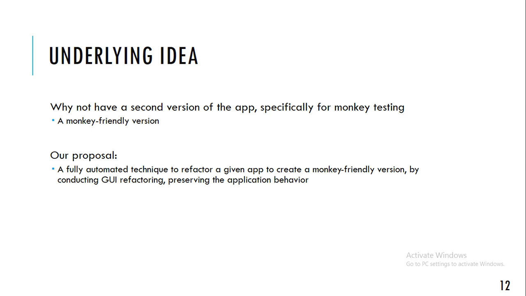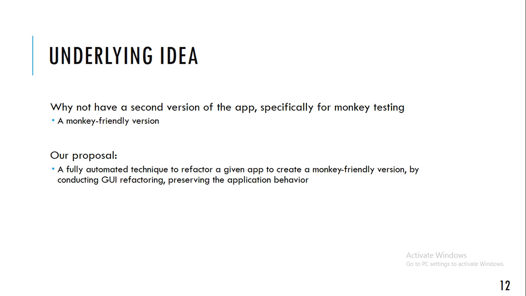And so our idea is that we can have a second version of the app specifically prepared for monkey testing. For this, we propose a fully automated technique that refactors a given Android app to create a monkey-friendly version. And this is through automatic refactoring of the application's GUI, while the application's behavior is not changed.